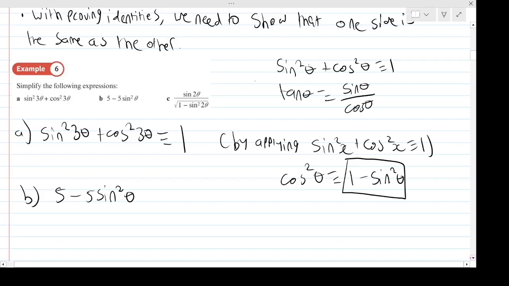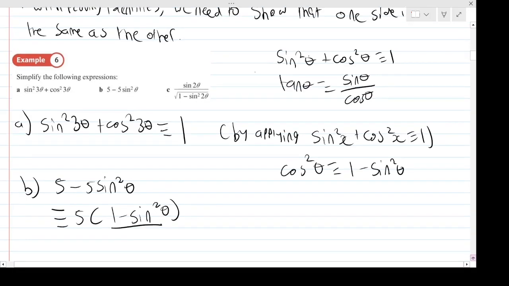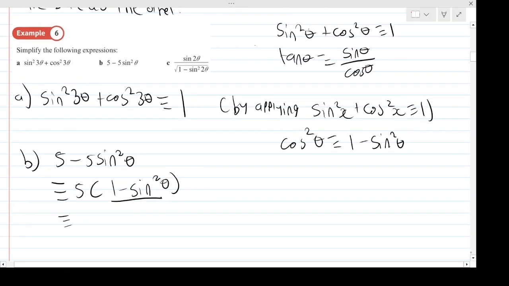I can factor a 5 out, so this is identical to 5 lots of 1 minus sine squared theta. But hang on, we also know that 1 minus sine squared theta is cos squared theta, so I can substitute that result in. Then this is identical to 5 lots of cos squared theta. That's about as simplified as we can get it, so the expression is the same as 5 cos squared theta.